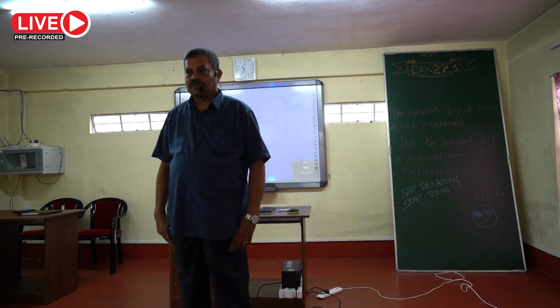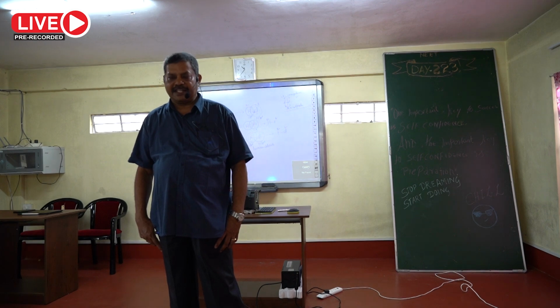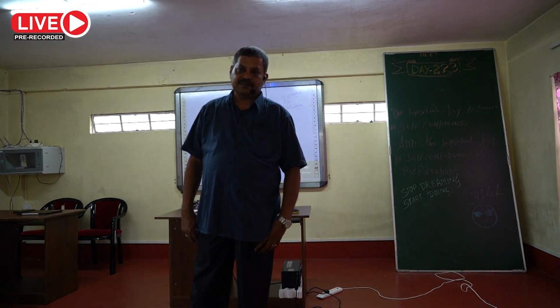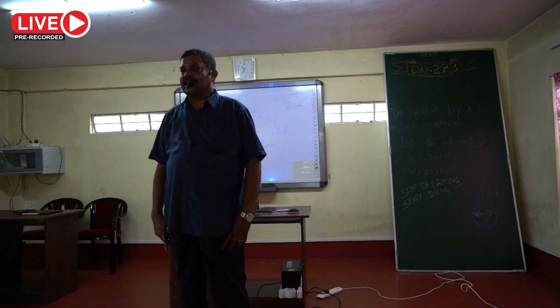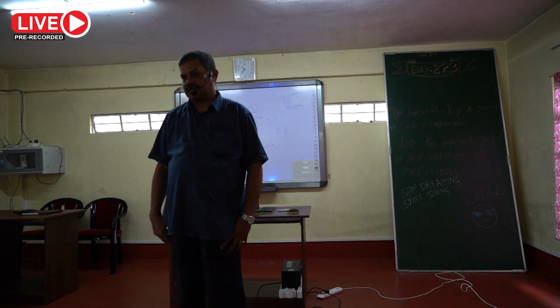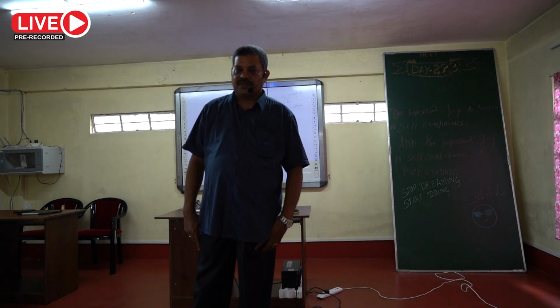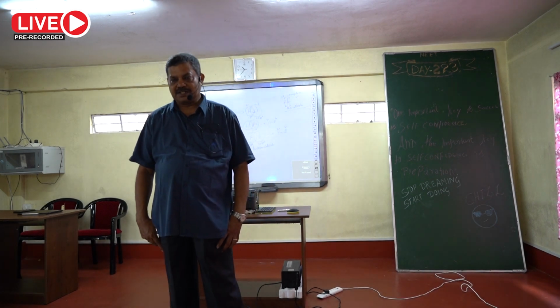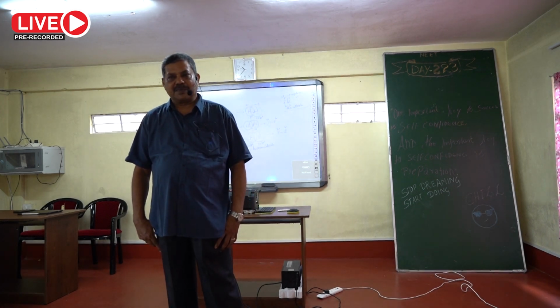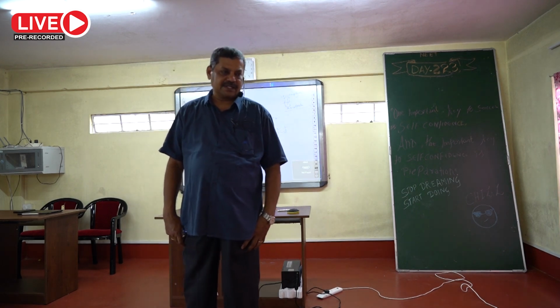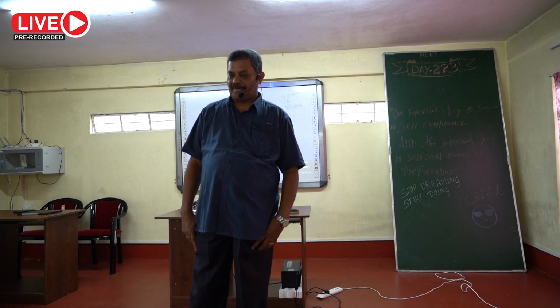Number 2, highest electronegativity. Number 3, very low bond dissociation energy, within brackets 36 kilocalorie per mole.